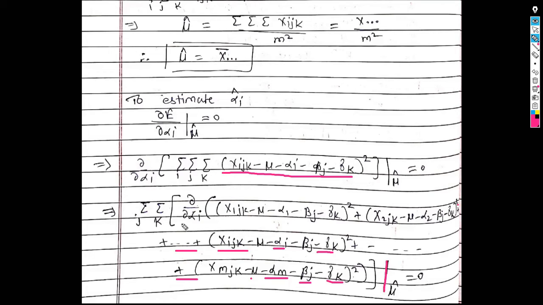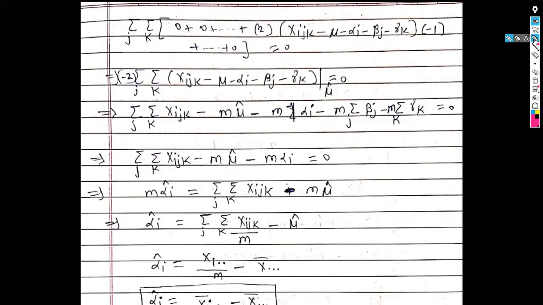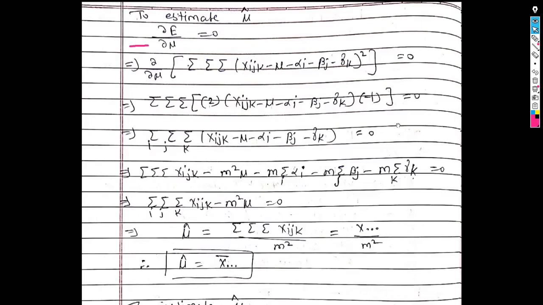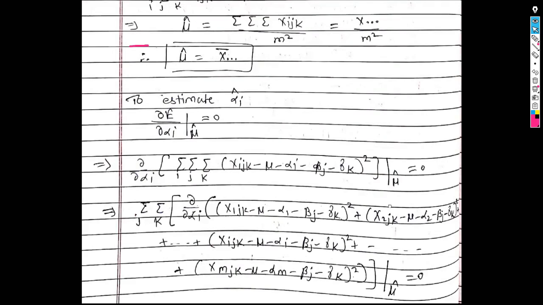Now take this derivative inside the bracket. So we simplify this derivative for the first term, the second term, the third term, and the last term. In the next step we get the summation over j, summation over k of the bracket. First we discuss this.